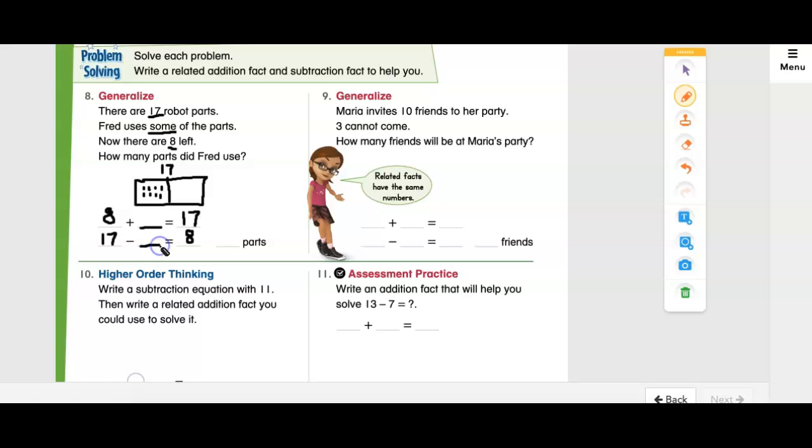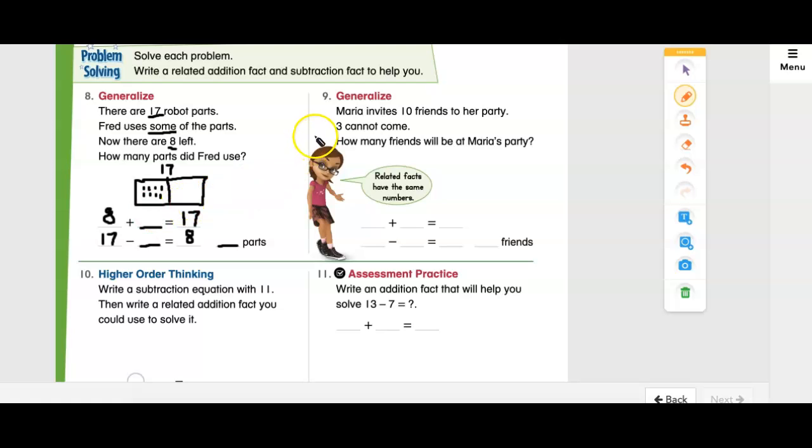So that means your missing number for your subtraction problem and your addition problem will tell you how many parts Fred used. So we set up number 8 together. Now I want you to finish it. And please pause the video as needed.